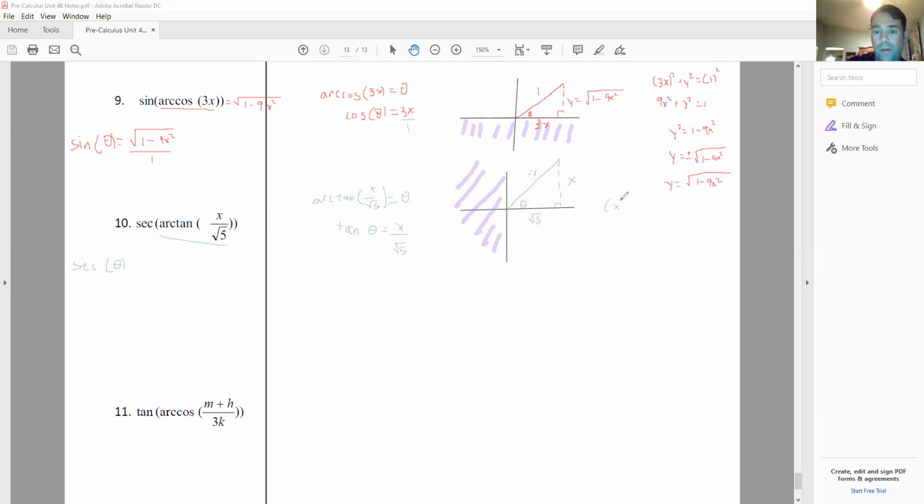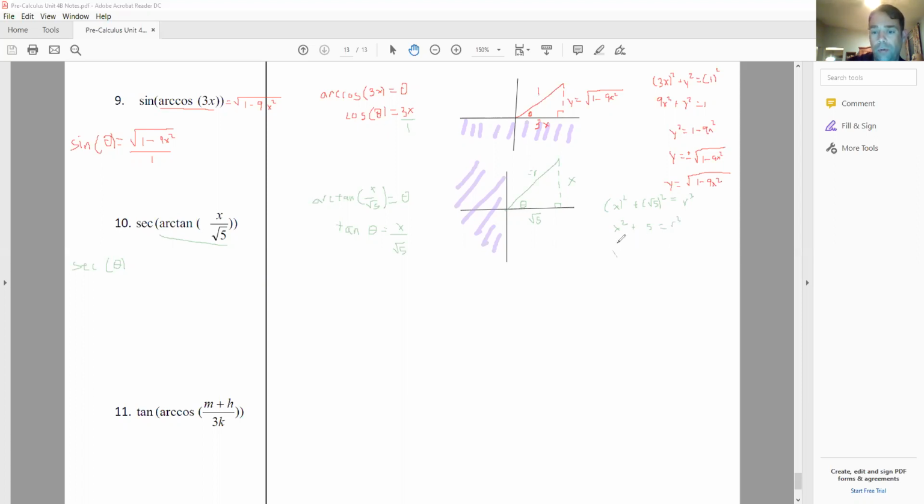So x squared plus root 5 squared equals r squared. So x squared plus 5 equals r squared.